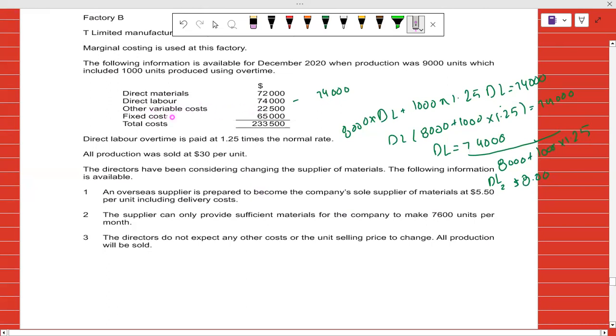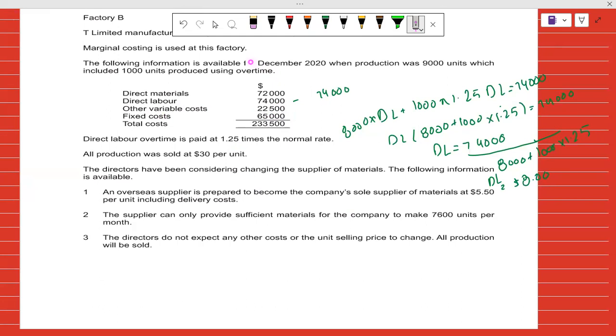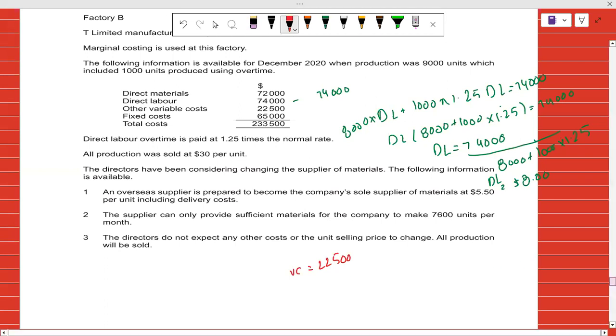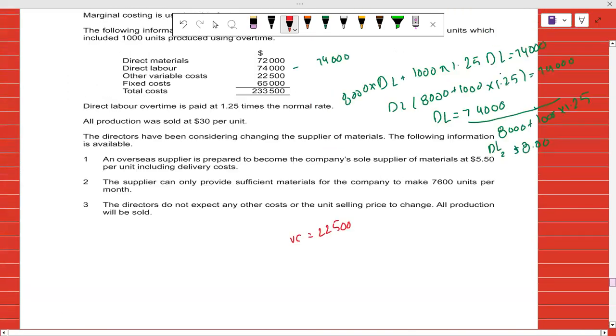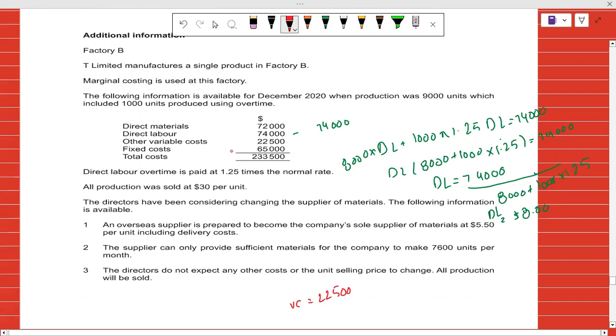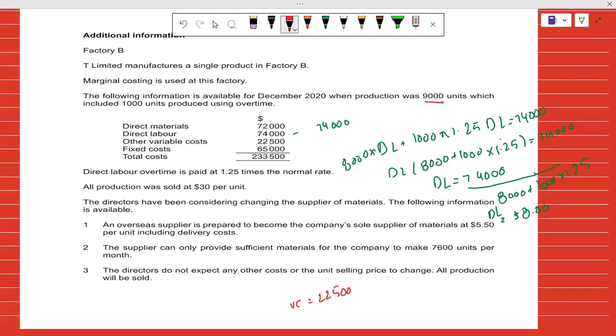So we know that our variable cost is 22,500, and the total number of units was 9,000.